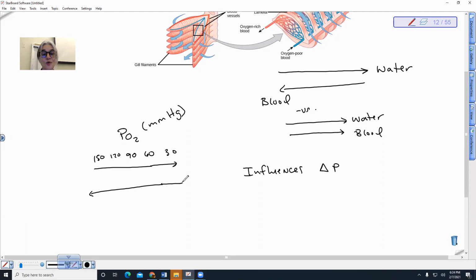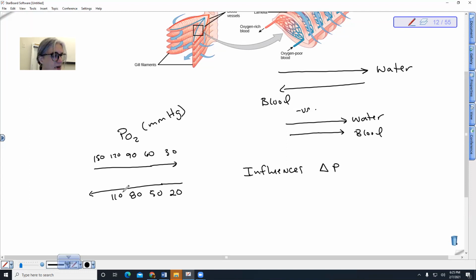Okay, so if these were running in the same direction, then blood with low oxygen would be coming in, and it would have diffusion until there would be some kind of equilibrium, and then diffusion would stop. So here we have oxygen-poor blood coming in, and it's 20, and then it's 50, and then 80, and then 110.